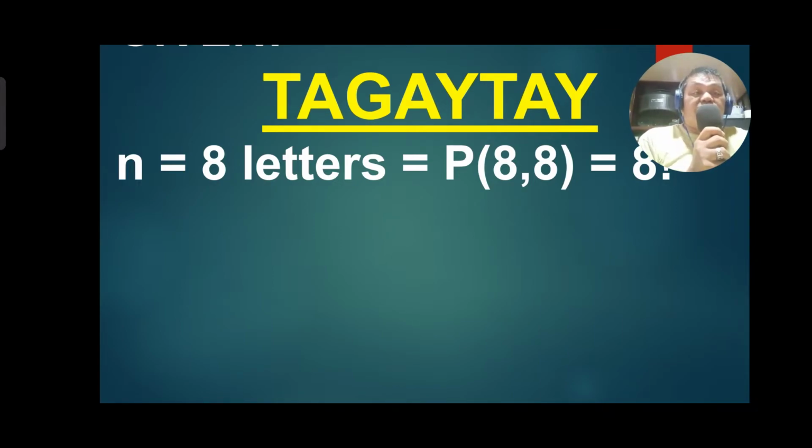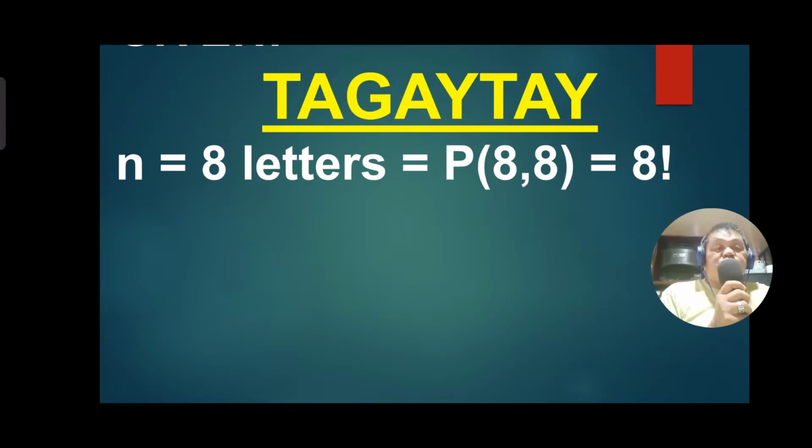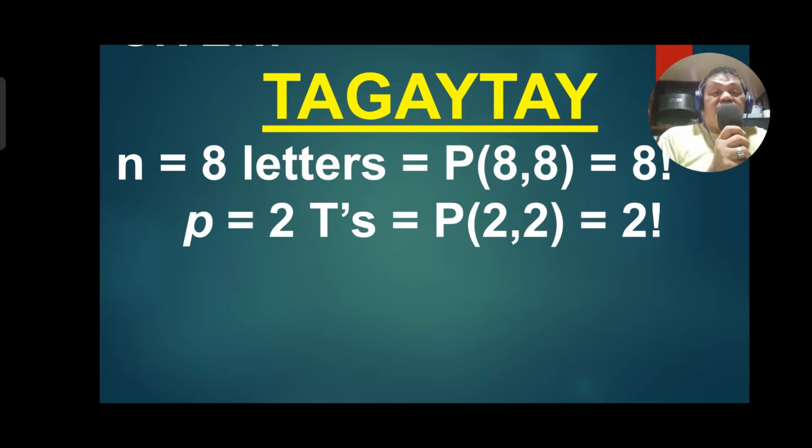That would be written as the permutation of 8 letters taken 8 at a time. What will be our p? Our p would be the letter T. How many letter T's? There are 1, 2, 2 letter T's, and that would be the permutation of 2 T's taken 2 at a time, equal to 2 factorial.